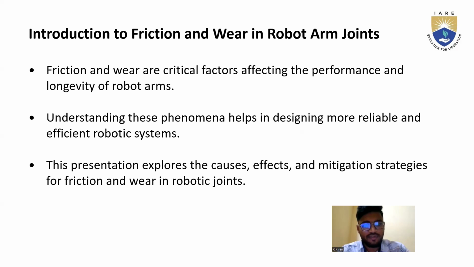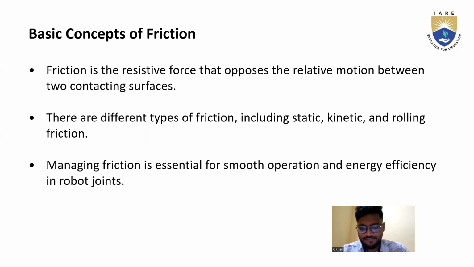Friction and wear are critical factors affecting the performance and longevity of robot arms. Understanding these phenomena helps in designing more reliable and efficient robotic systems. This presentation explores the causes, effects, and mitigation strategies for friction and wear in robotic joints.